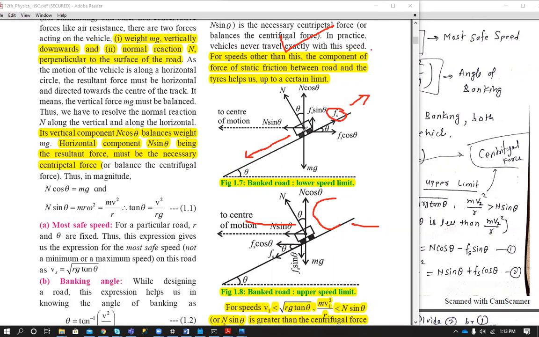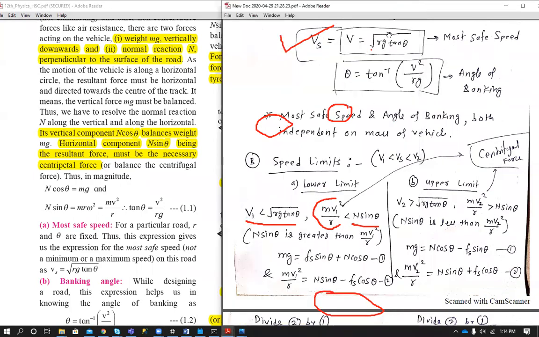And as mentioned for the lower limit, the centrifugal force acting on the vehicle is less than N sin theta. So let's move ahead in the derivation. Let me clear all this.